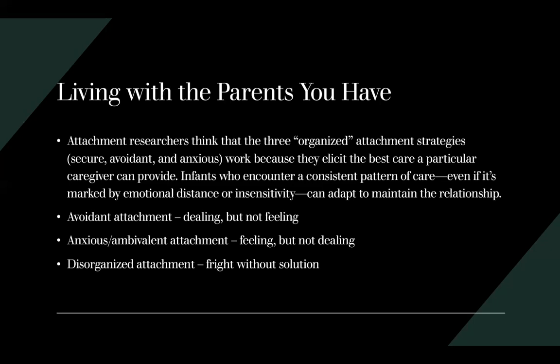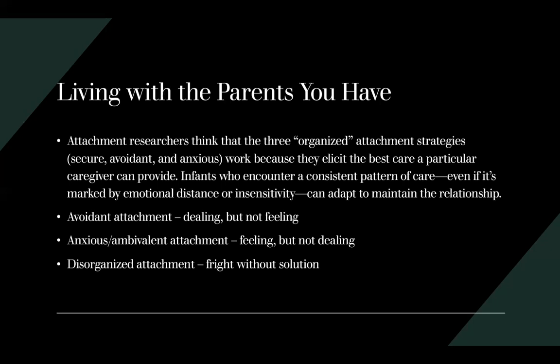So like I said, these attachment styles are adapted to elicit the best care that a particular caregiver is able to provide. Infants who encounter a consistent pattern of care, even if it's marked by emotional distance or insensitivity, can adapt to maintain the relationship.